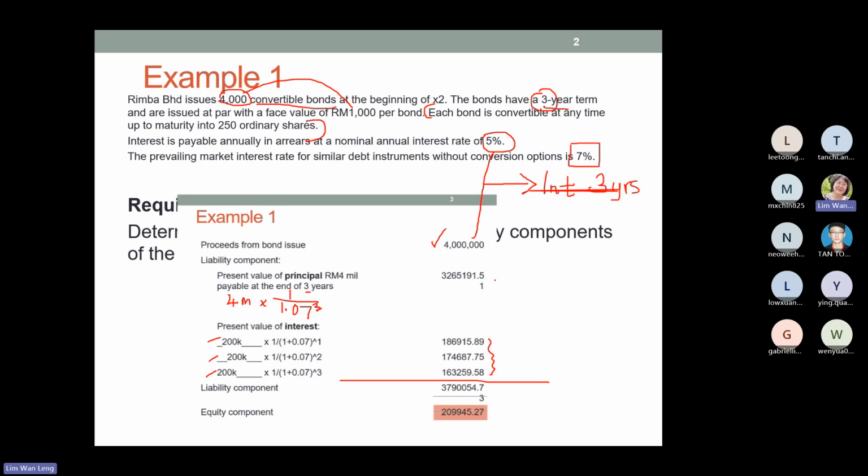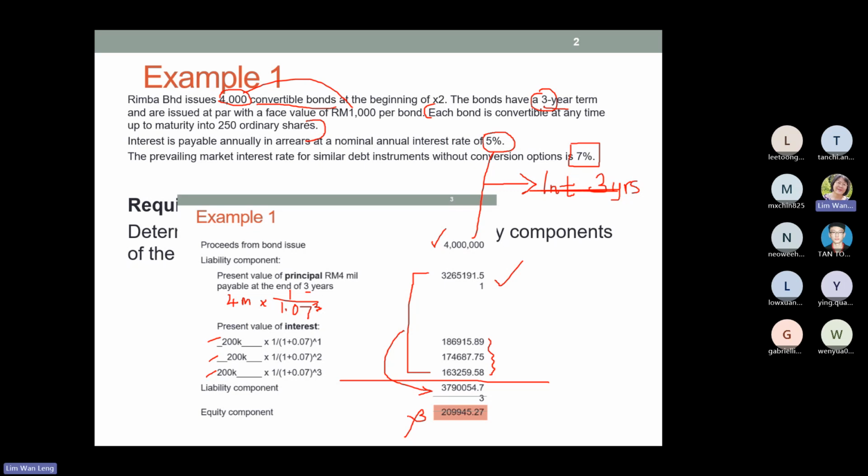Then you're going to get the present value of the principal sum payable at the end of the third year, that means when it matures. Here plus all these, you are going to get the liability component. Take the proceeds minus the liability component, and the residual will be the equity component.